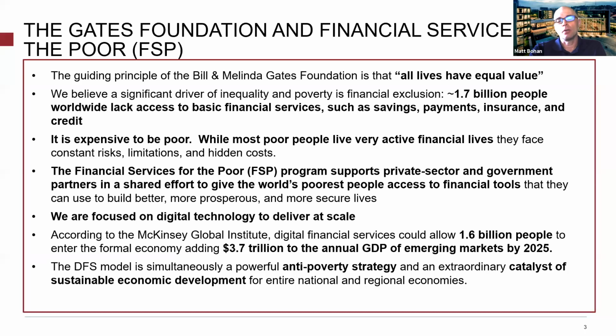While these folks really do have very active financial lives, the cost of the services that they're able to access are often quite high because the system just has no idea who they are and has to treat them as risky as possible for a participant.